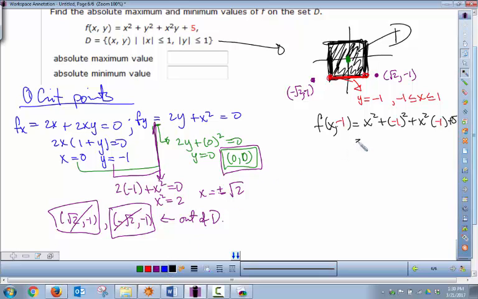And so this simplifies to, this is an x squared, this is an x squared with a negative, so that's going to cancel. And this is a 1 plus 5 is 6. So this has a constant z value of 6. So I don't know if that was very helpful.